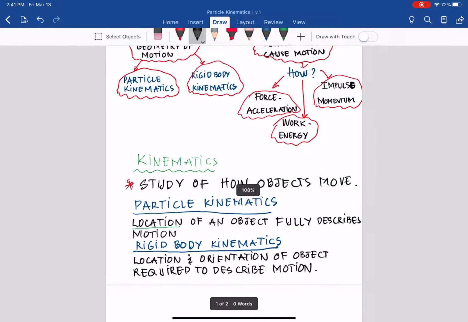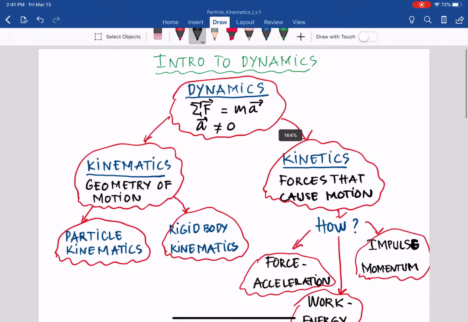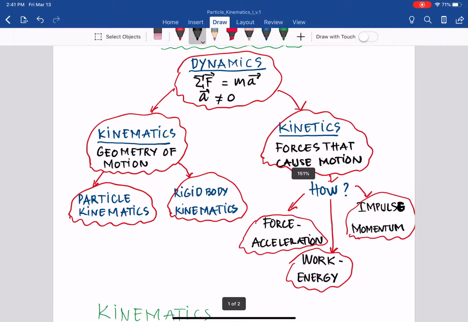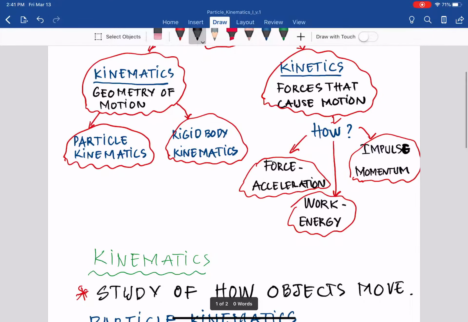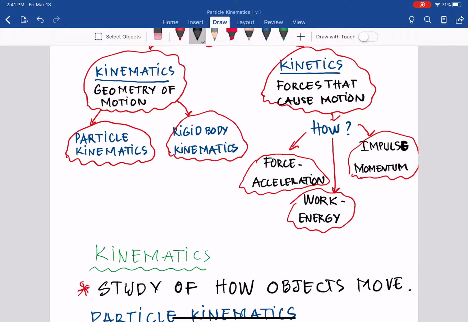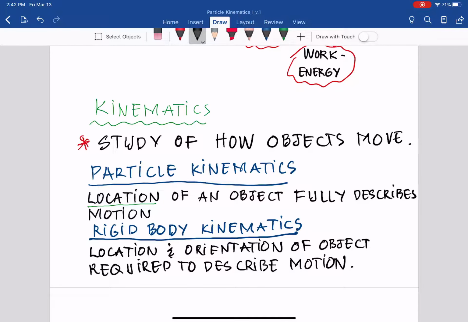Okay, so far we have gone over dynamics and how it's different from statics, and also the two major topics we are going to deal with in dynamics, kinematics and kinetics. In kinetics we have three methods: force and acceleration, work and energy, and impulse and momentum. Because in kinematics, we study the geometry of the motion, or how objects move, not why.